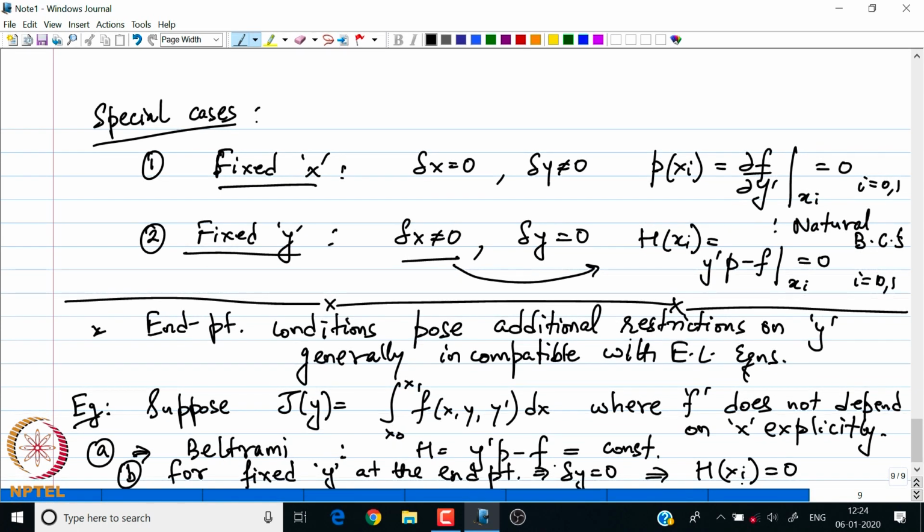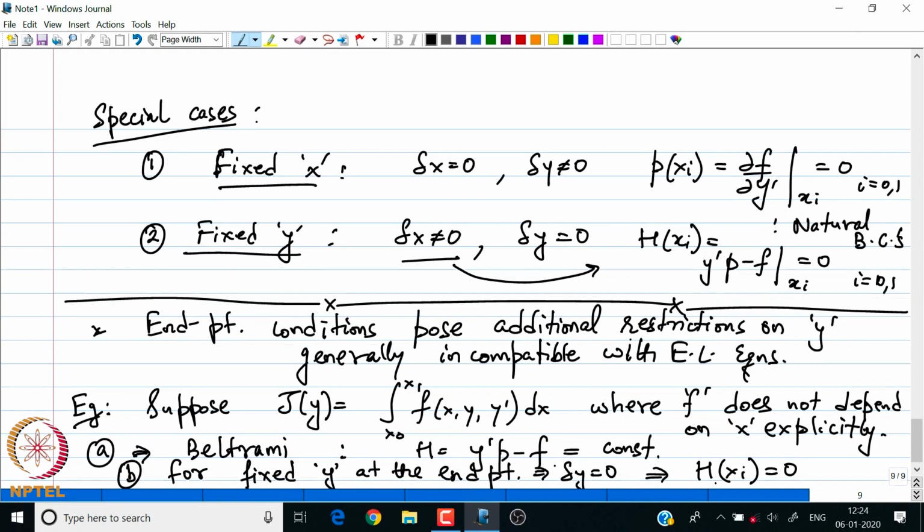So from A and B I see that the solution to the Euler-Lagrange equation is such that the Beltrami function is identically equal to 0 for all x, because it is 0 at x0 and x1.